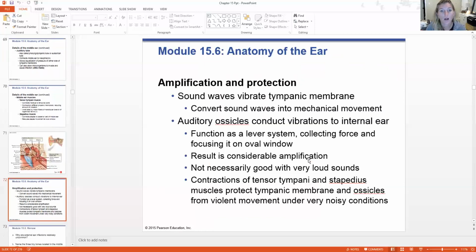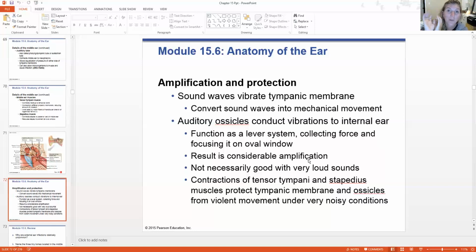So, our ear is ultimately primed for amplification and protection. Sound waves vibrate the tympanic membrane and convert those sound waves into mechanical movement. The ossicles will conduct those vibrations into the inner ear. It basically functions as a lever system, collecting the force of the sound waves and causing it to be focused and concentrated on that one part of the cochlea we call the oval window.